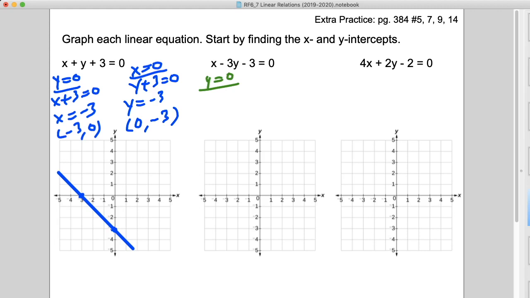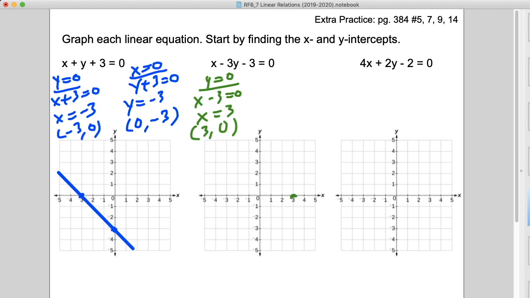So we're going to be left with x minus 3 is equal to 0. And then I'm going to isolate for x. So I'll have x is equal to positive 3. So we'll end up with a point 3, 0. So 3, 0 is right over here.